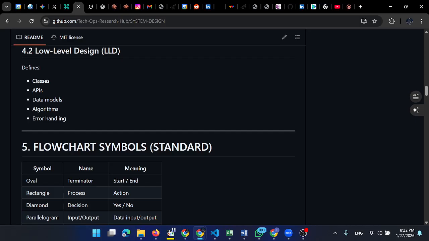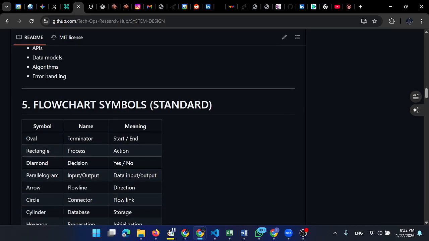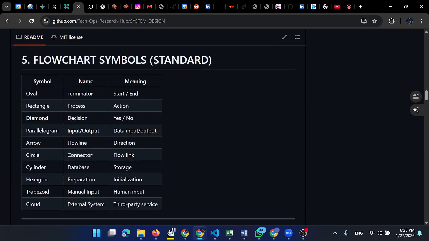I would like us to look at the flowchart symbols so that we can also be able to understand how we can create our own flow, or rather data flow, to guide other people on how they can understand it, right? So we have symbols, we have names, we have meanings.